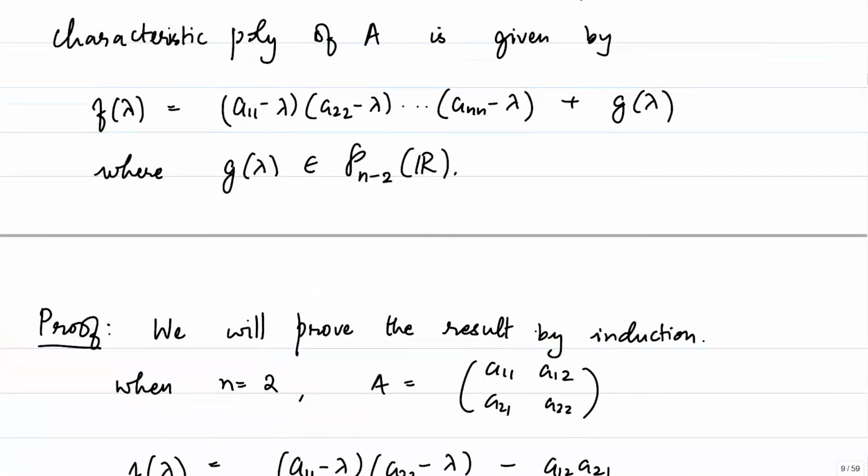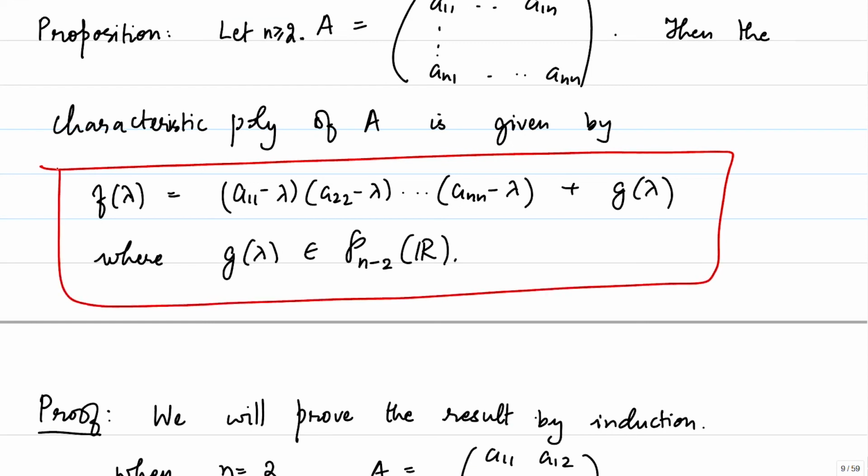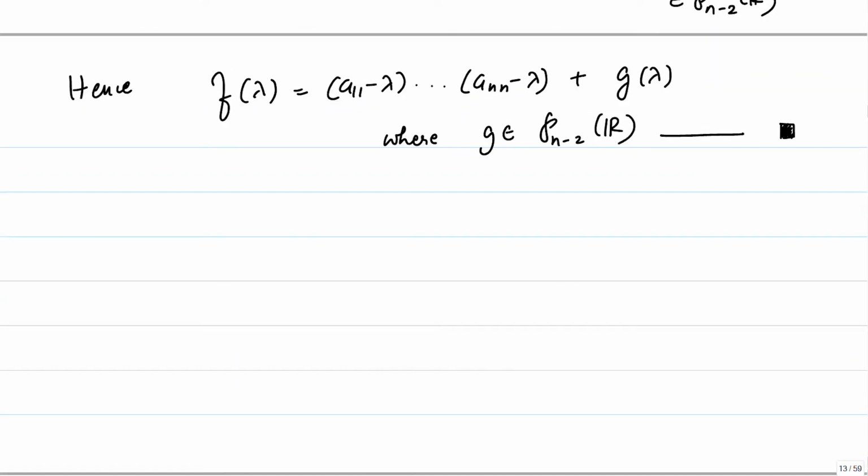Where is it? Here, f of lambda. I'm putting it in a box. This is exactly what we wanted to establish. We have done that. In fact, we can say a little more. If you notice our f, let's keep it here for immediate reference. F of lambda, what is it?